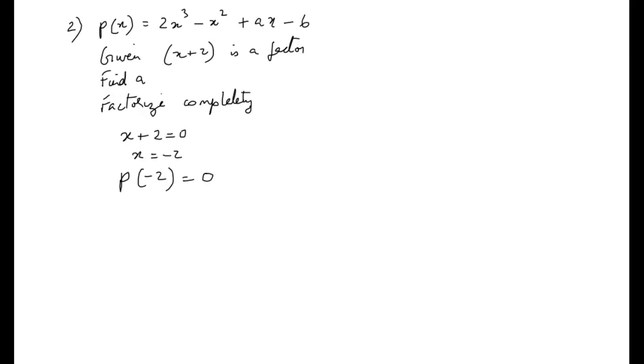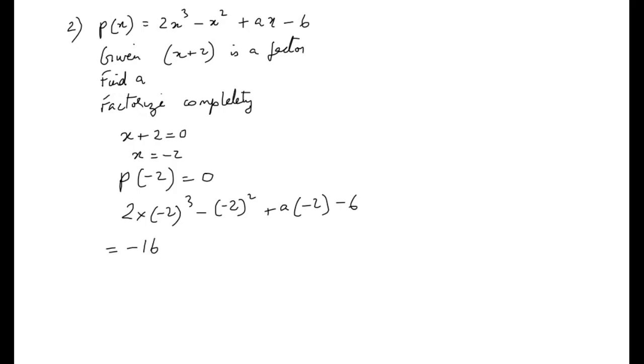So p of minus 2 would be 2 into minus 2, the whole cubed, minus minus 2 squared, plus a times minus 2, minus 6. That is negative 16.